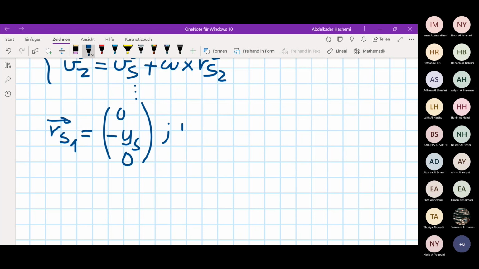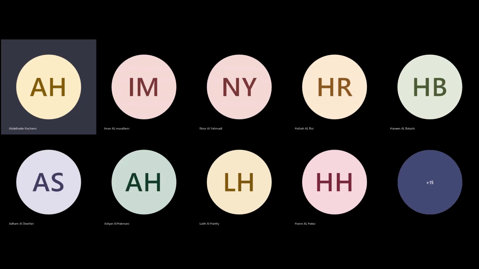We have the same for rs2. This will be equal to minus a, 3a minus ys, and 0. Okay, now we look, for example, here at the geometry.